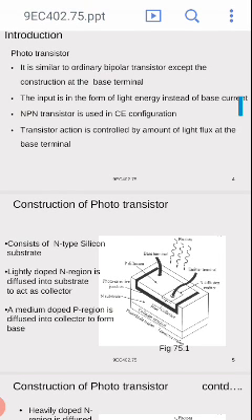The collector is lightly doped. And it is fabricated on a bar. That bar is an N-type silicon bar.